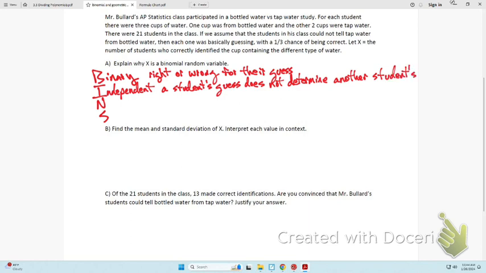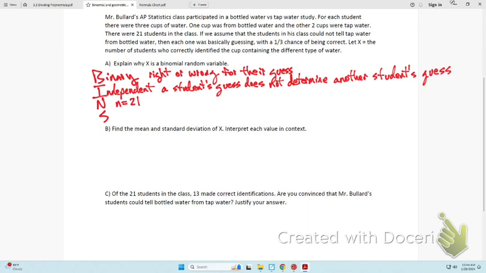I guess in an ideal world, we're assuming they're all playing fair and no one is trying to help or whatever. N is fixed trials. There are 21 students. I don't think you need to say more than that.